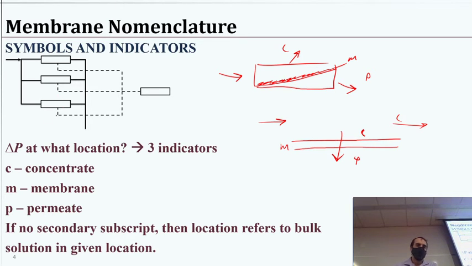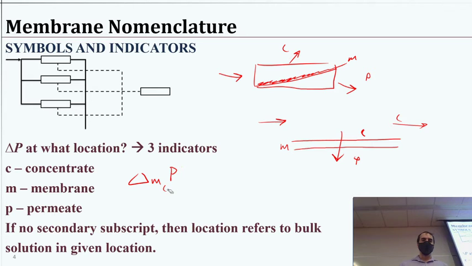So then one of the questions will be, when we're looking at the pressure drop across a membrane, which components are we specifically talking about? We'll notice that we'll have delta P, but with some subscripts, to say maybe at the membrane surface, or the pressure drop across the membrane here. Sometimes we'll also have a secondary description that we're going to get into, describing exactly what we're talking about here and why we care about that.